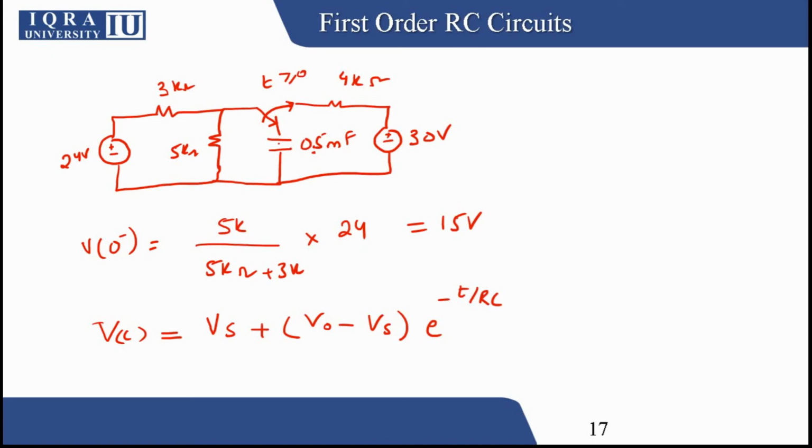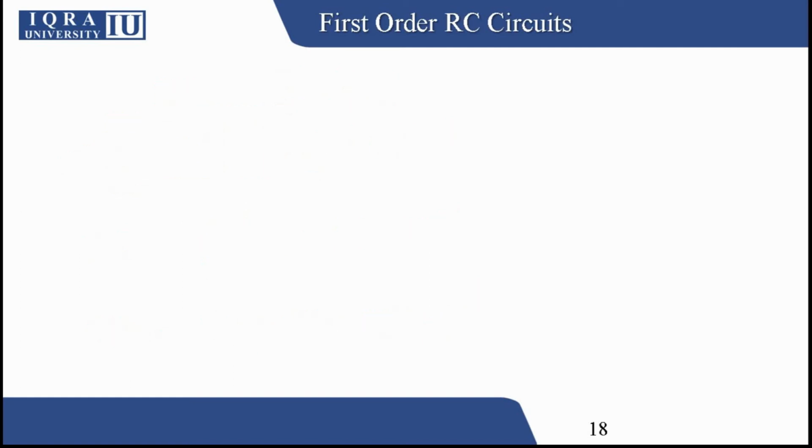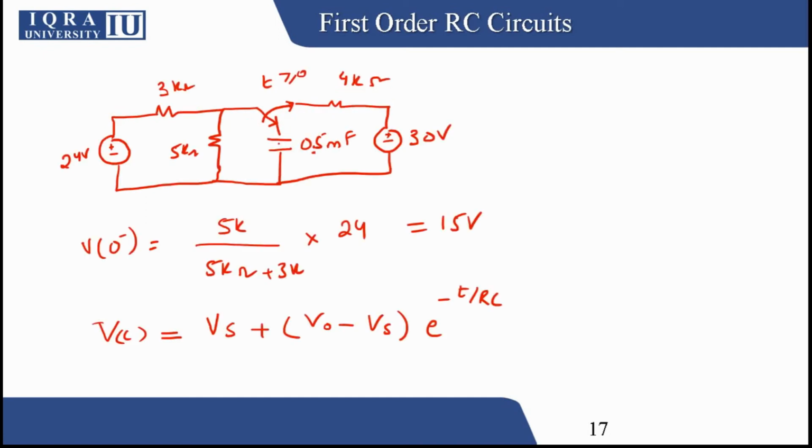As we know, the new Vs is the 30 volt, and V naught is the initial voltage, which is 15 volts. So we can write 30 plus 15 minus 30, e to the power minus t over R C. This time the R, if we take the Thevenin resistance, we have to short this one.